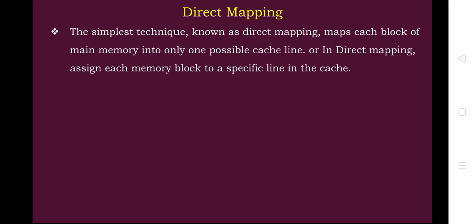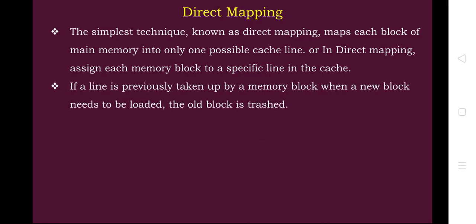The simplest technique, known as direct mapping, maps each block of main memory into only one possible cache line. In direct mapping, we assign each memory block to a specific line in the cache. A line in the cache means an address line of a cache. So if we access one address line of the cache, we can access one block of data. That is called direct mapping.